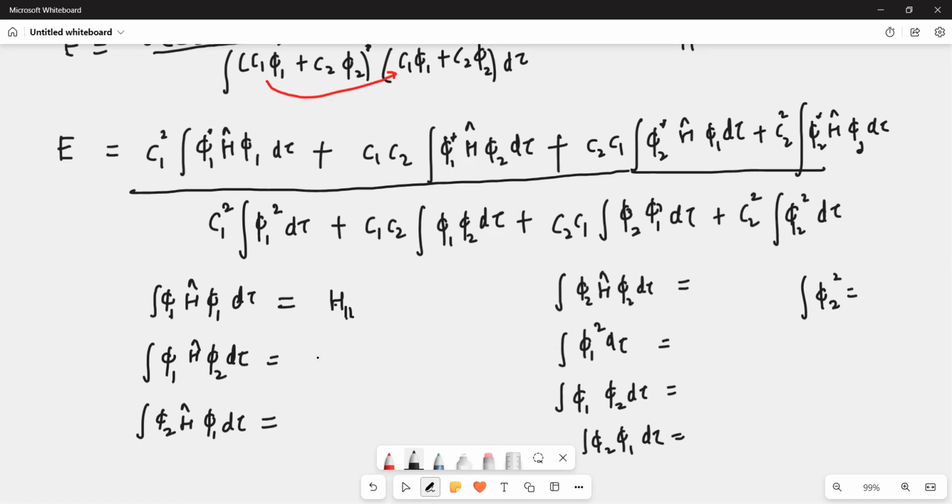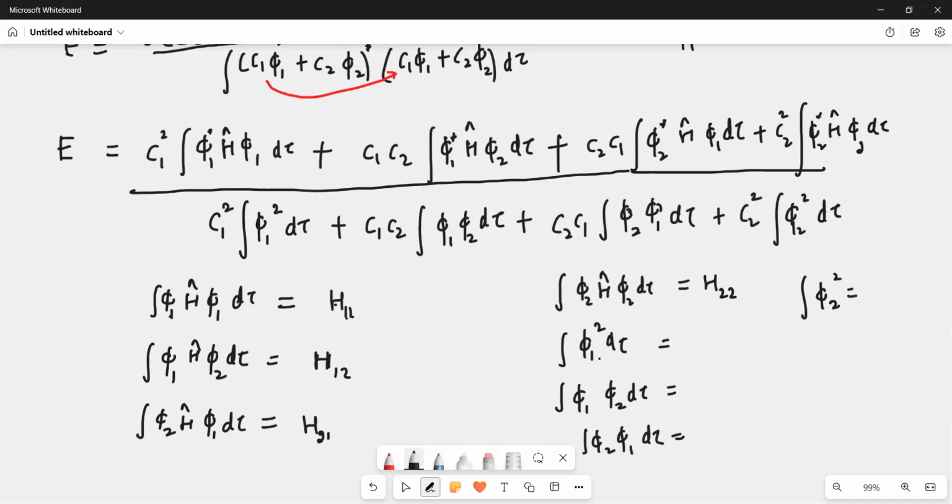Okay, then second can be written as H again. So which two wave functions are used? 1 2, so here we will write 1 2. Okay, and here again we will write H, and what will be the notation? It will be written as H21. Similarly, this one is written as H22.